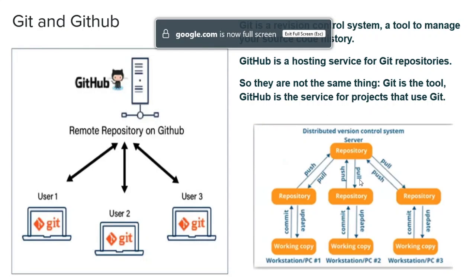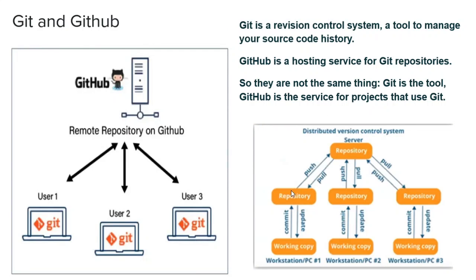This is how the flow will look. Let's say this is the workstation for user 1, this is the workstation for user 2, and this is the workstation for user 3. And there can be n number of developers or testers. They will maintain the project in their local system first. They will commit their code into the local repository, that is the Git repository.